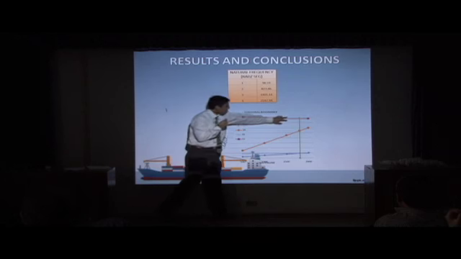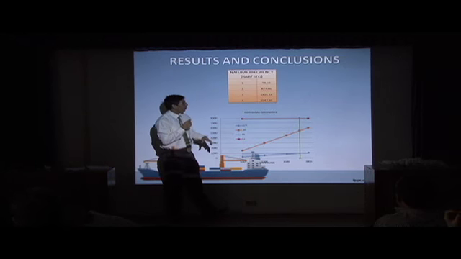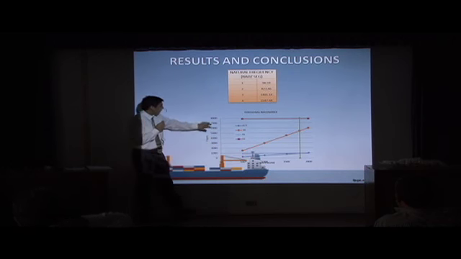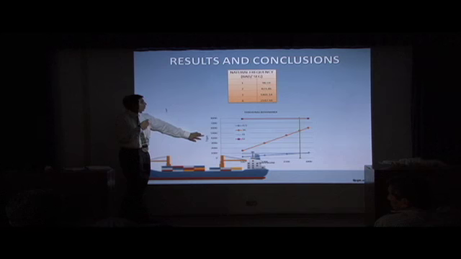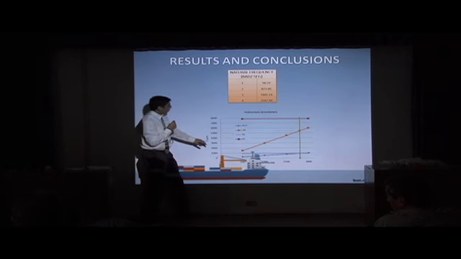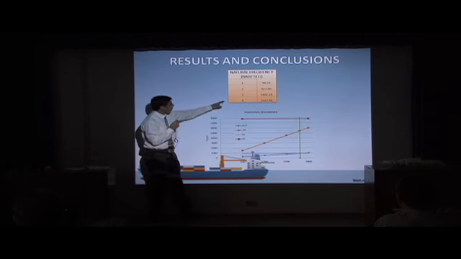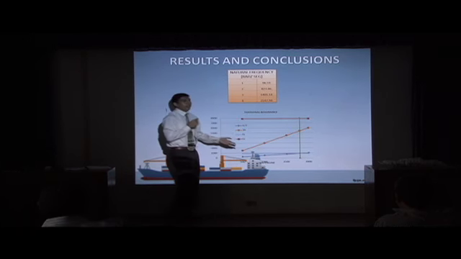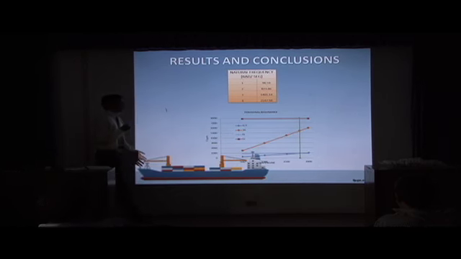Here the engine has 1,800 RPM. On this X axis we have the RPM of the engine, and the frequency in cycles per minute. When two frequencies, the natural frequency and the frequency of the engine, intersect, we have the phenomenon of resonance.